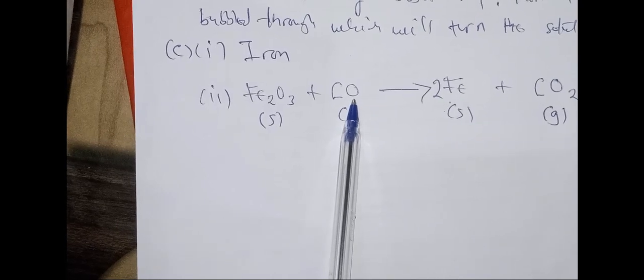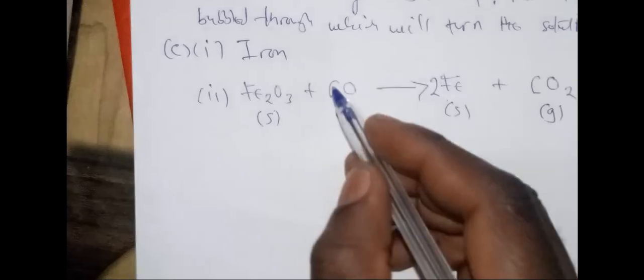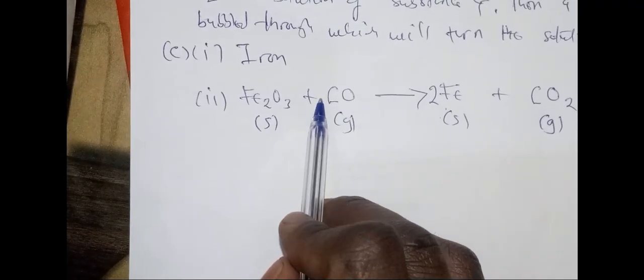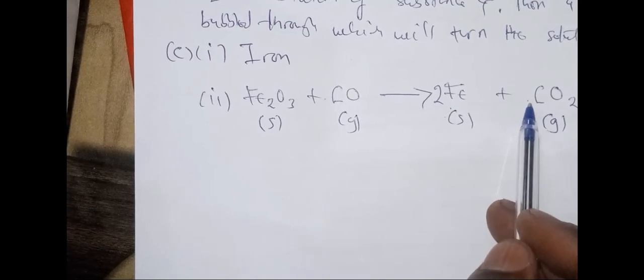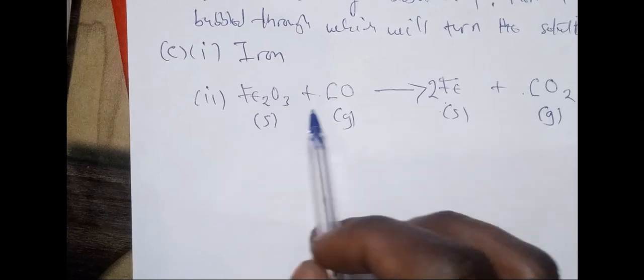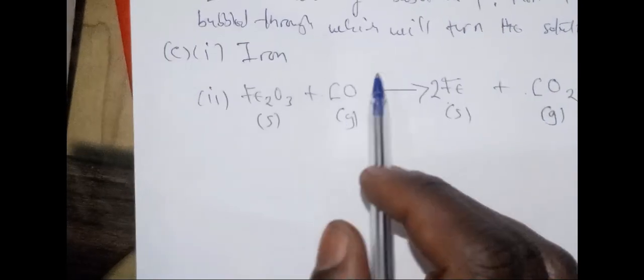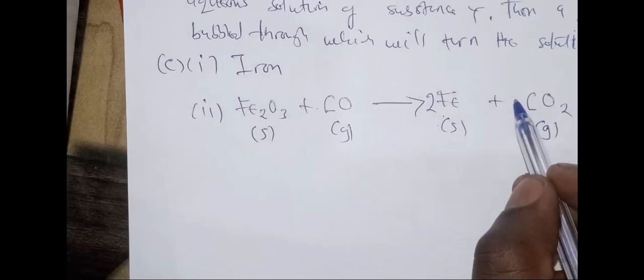Now what can we do? We have to put a number for carbon here and also for carbon here, but the number should make the oxygen atoms equal to the ones on the left side. So 2 cannot go there. So what if we put a 3 here?